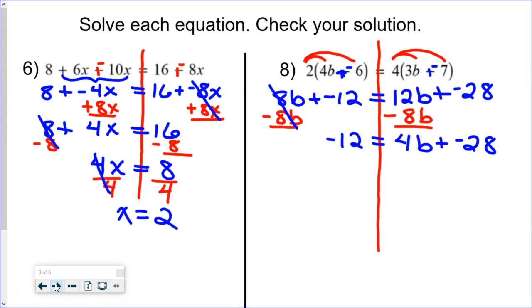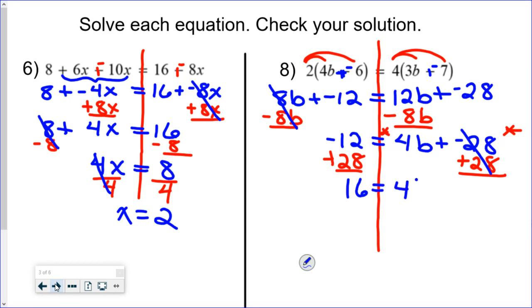Okay, so now we have the constants of negative 28. Now we have 2 terms on the left side. So I know I have to move one of those, leave the one with the b, with the variable, move the other one. Okay, have that handy dandy calculator. So I have negative 12 plus 28, and I get a positive 16.